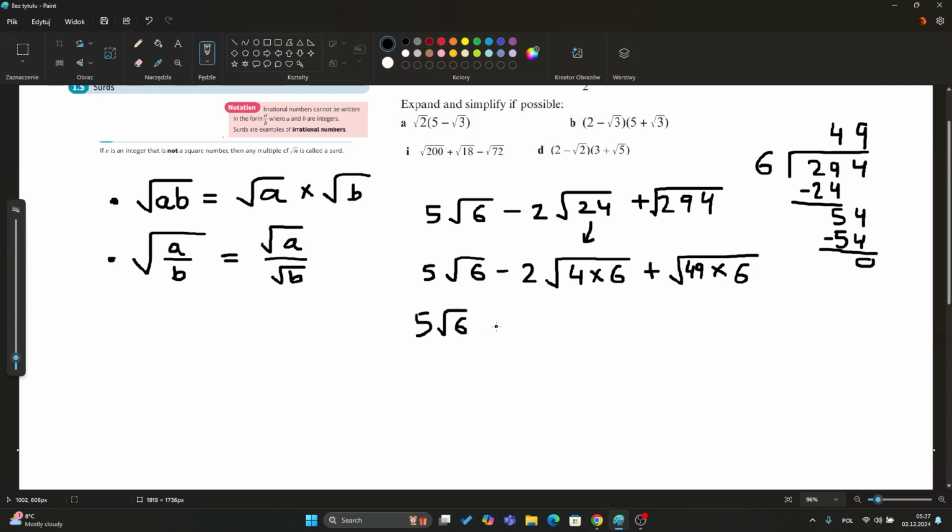root 6 minus 2 square root of 4 square root of 6 plus square root of 49 square root of 6.